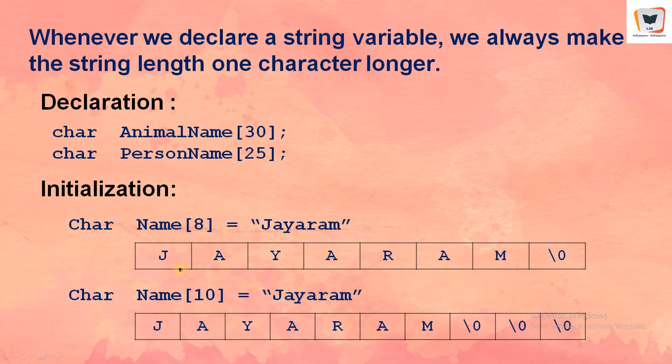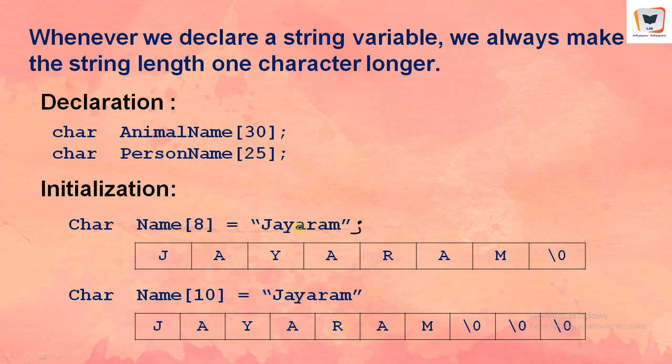Anyway, we will be discussing only the fundamental details of how to read a string, how to write a string, how to declare a string, and how to initialize a string. And here is a way: name[8] equals Jayaram within double quotes. Of course, there should be a semicolon here, which is missing, sorry. Semicolon is a must. This is how it is initialized.